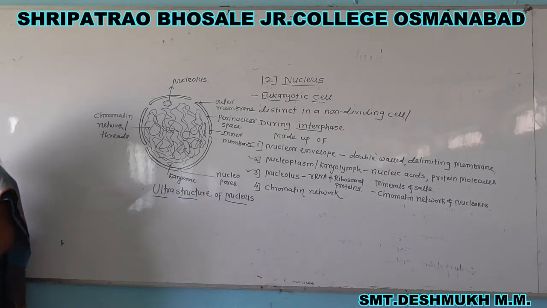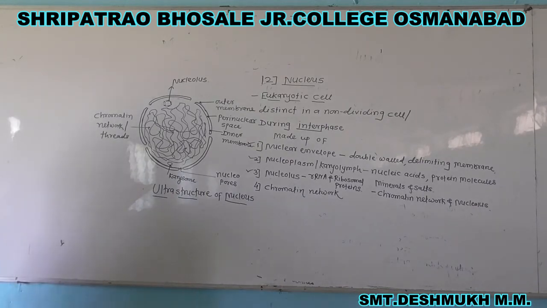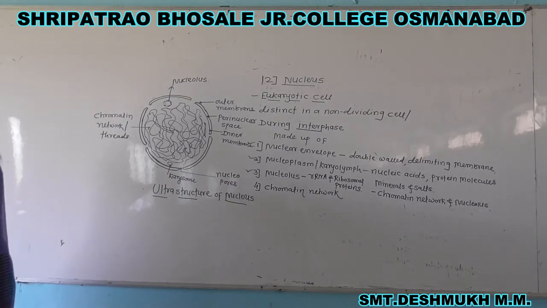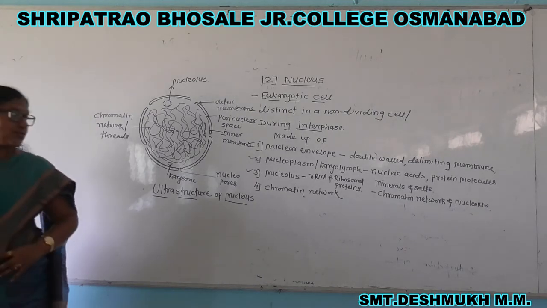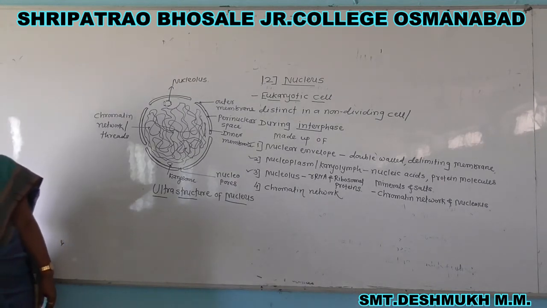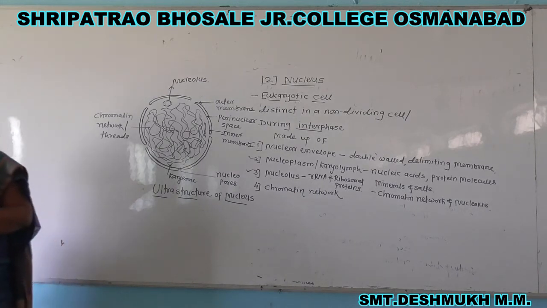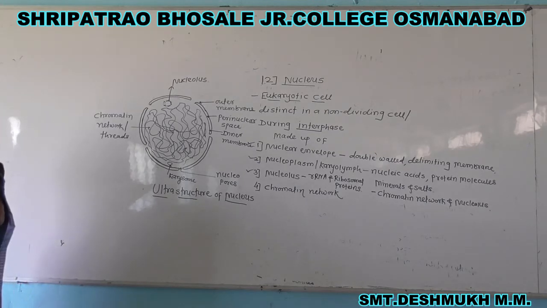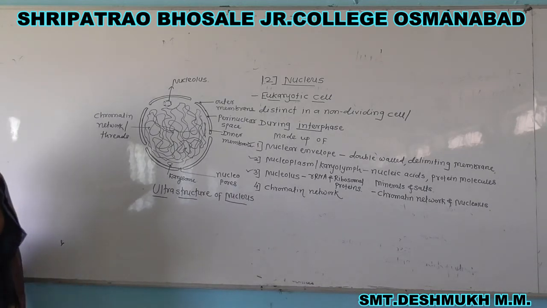For example, the oocyte contains a large nucleolus, while sperm cells contain a small, inconspicuous one.